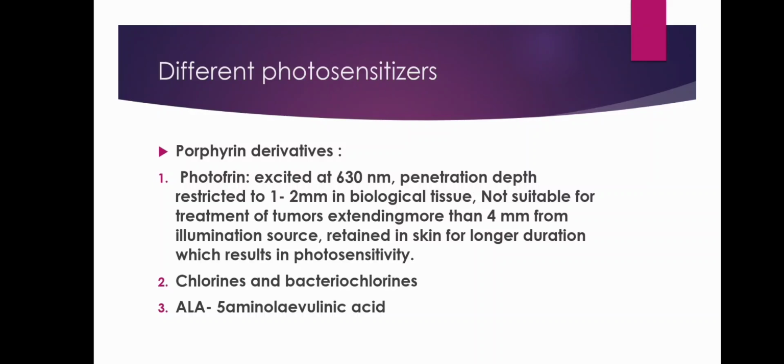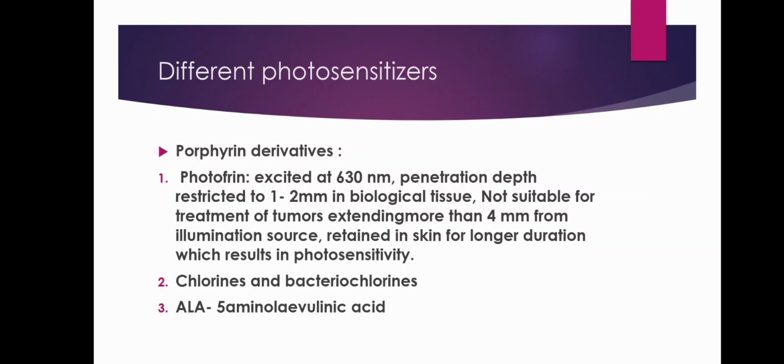Photofrins also have a disadvantage that they are sometimes retained in the skin for a longer period of time, maybe about 4 to 6 weeks after the treatment, due to which the patient might experience some photosensitivity. So these are the disadvantages of photofrins.